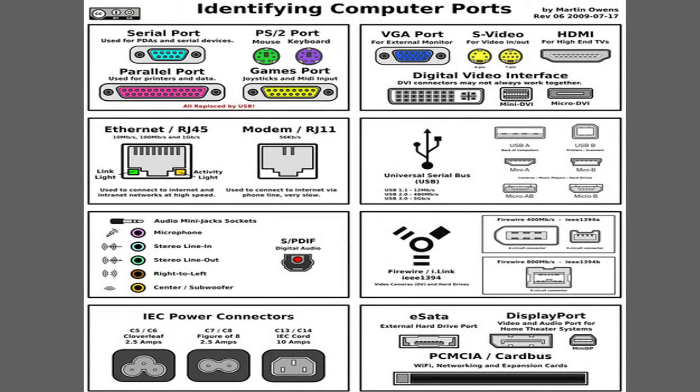Here's the other computer port. Class, serial port, parallel port, PS2 port, and game port are all replaced by USB port. And then we have different video display, the VGA, S-Video, HDMI, and then the DVI port.